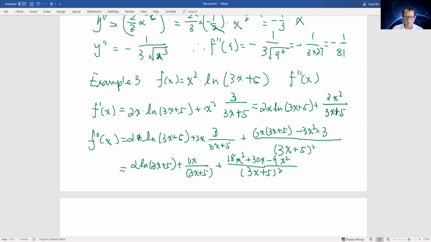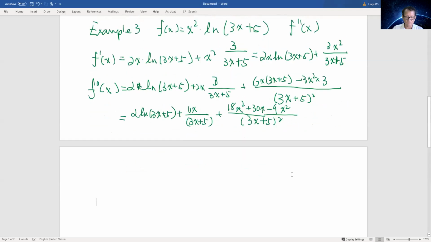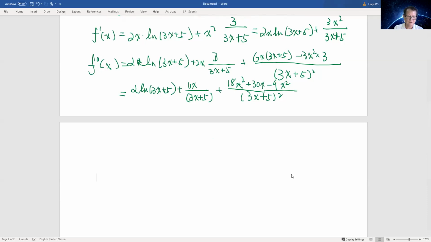All right, so this is a pretty long one. So let's do this simplification. So we're going to continue to the next page. All right, let's do the simplification. So 2 log of 3x plus 5 plus 6x over 3x plus 5, over 3x plus 5 squared. So the answer on top will be 9x squared plus 30x.